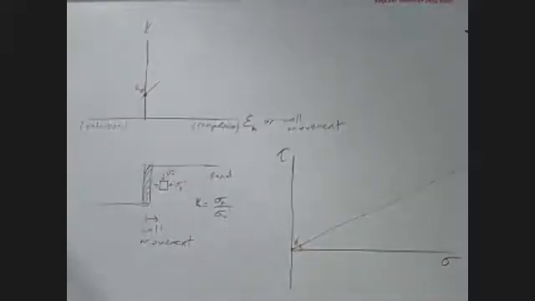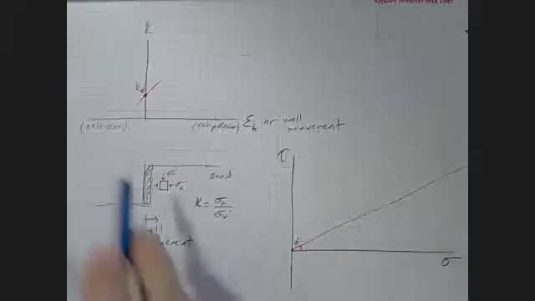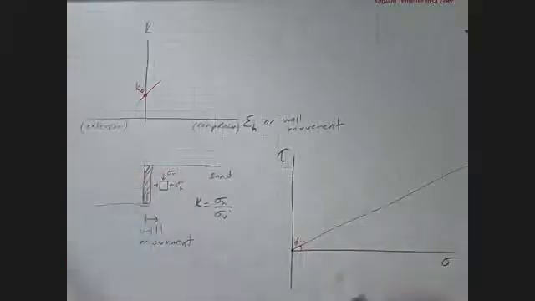And initially, what I have is, let's say this. So we said K0 is generally less than 1, because this is 1 minus sin phi. So let's say we are starting with a more circle like this.